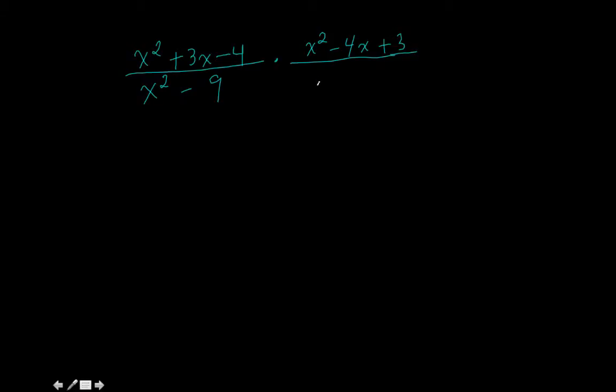So let's say that we had x squared plus 3x minus 4 over x squared minus 9 times, okay, so let's say we have this, so that we need to factor all four things, but it's times.